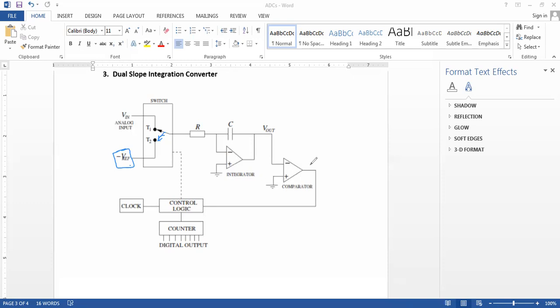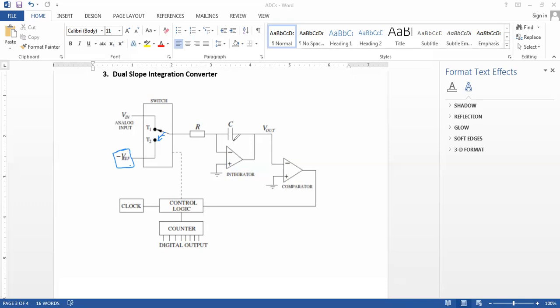And that is going to hold the counter through the control logic signal. And at that point, the value that will have been stored in the counter is the digital equivalent of the analog input voltage V in.